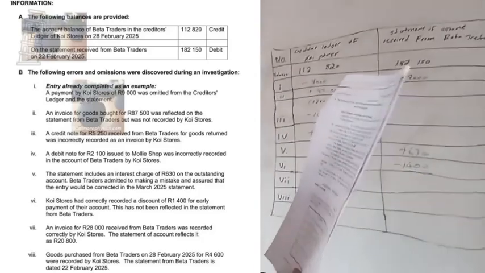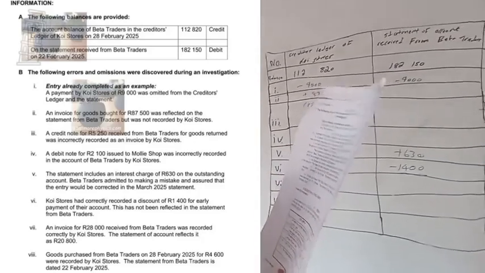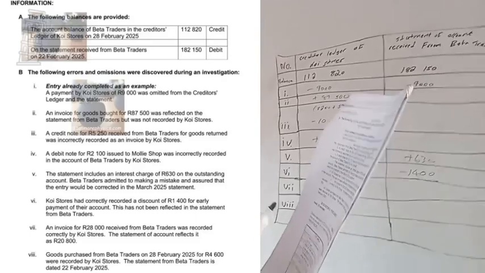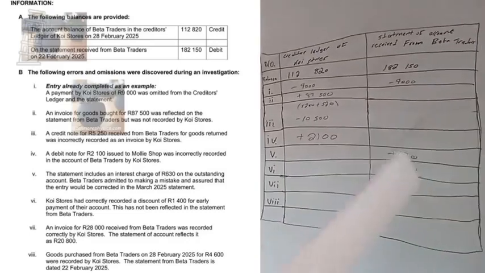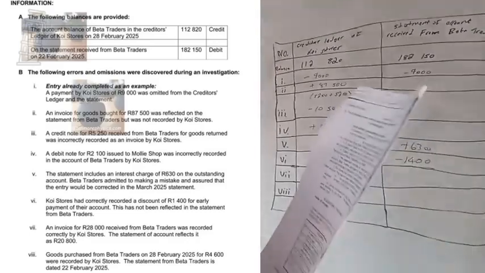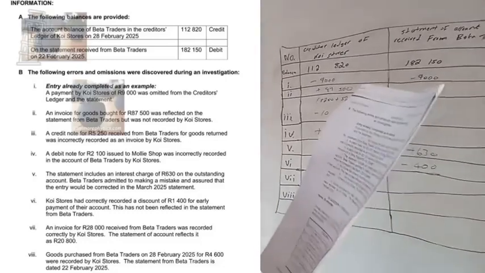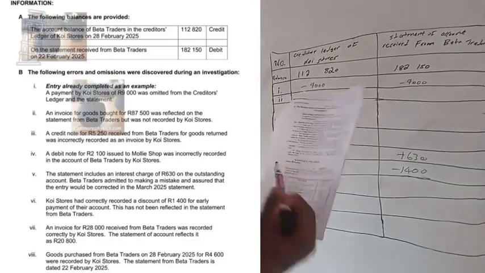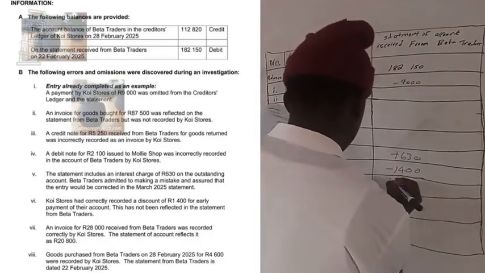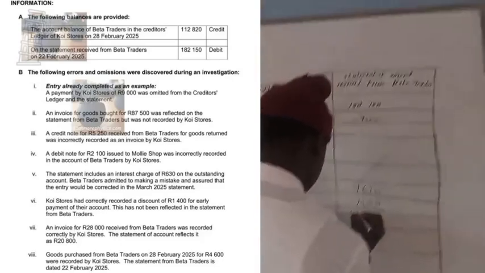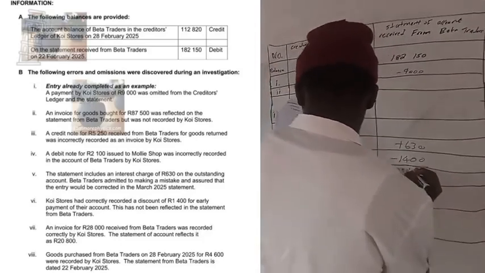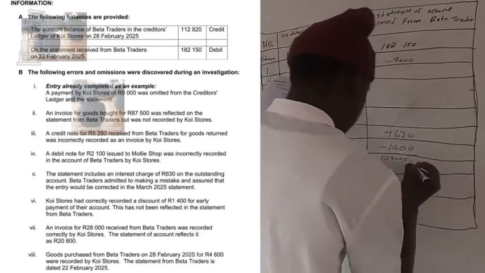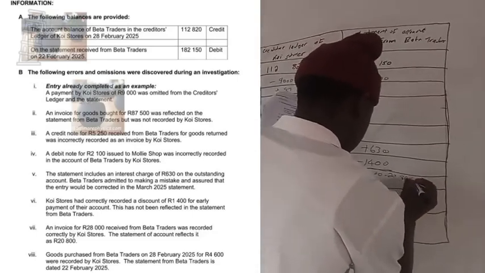Okay, an invoice for 28,000 received from Better Traders was recorded correctly by Coin Stores. So the invoice of 28,000, the bill, we recorded it correctly as 28,000. But the statement of account reflects it as 20,800. You see, so 28,000 minus 20,000, 8,000.